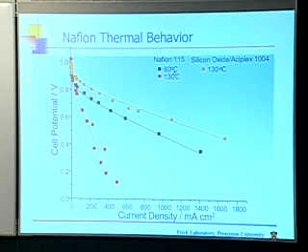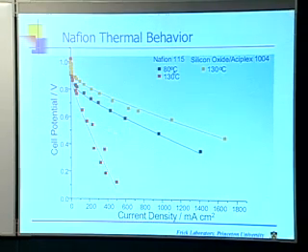And as the orange curve shows you there, we can get a very good response, even at 130 degrees, that not only outperforms the regular cell response at 130, but outperforms the regular cell response at 80 degrees, the black curve, which is where the Nafion cell likes to operate.